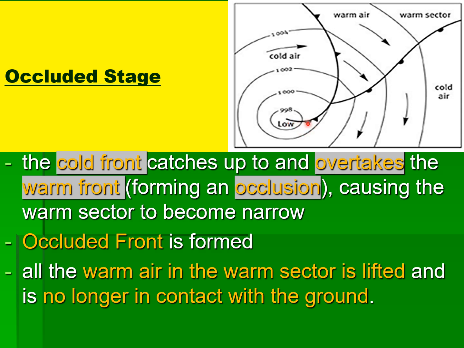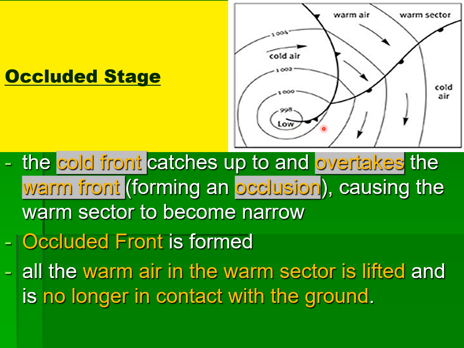So the occluded front on a synoptic weather map has both triangles and semicircles attached to it. From this point onwards, you will see that there's the rest of the cold front, there's the remainder of the warm front, but this overlapped section closest to the center of the weather system is called an occluded front, or we say that an occlusion has occurred.